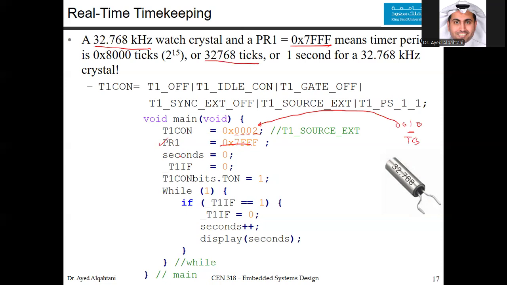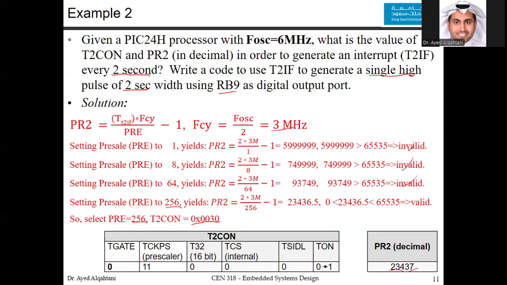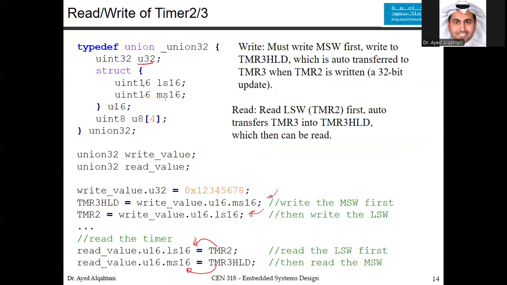And now I can count the seconds. From this specification, I can count the seconds. And you can get it even by the values, or if you apply this equation that we have here, but now for PR1, you will end up with 1 second.